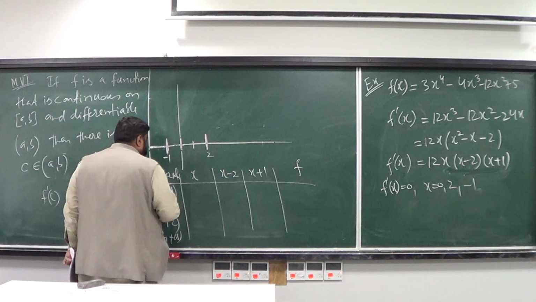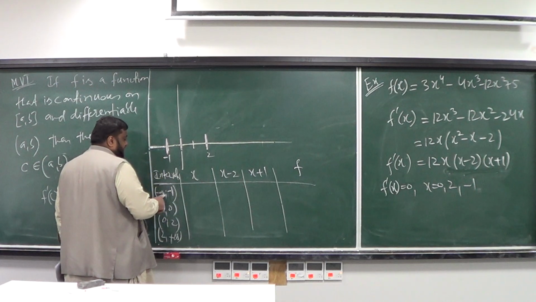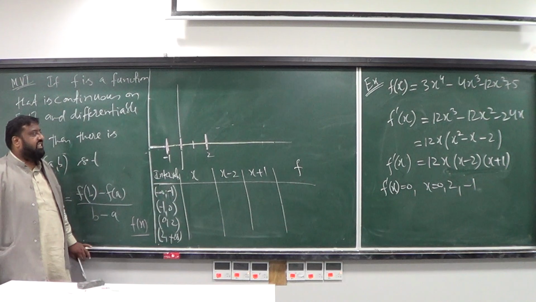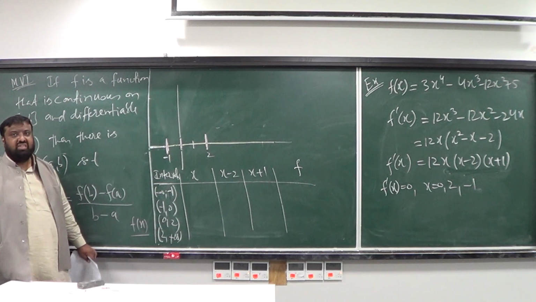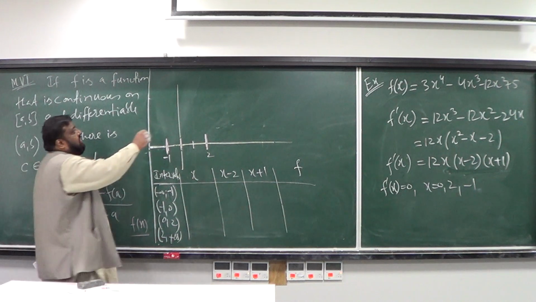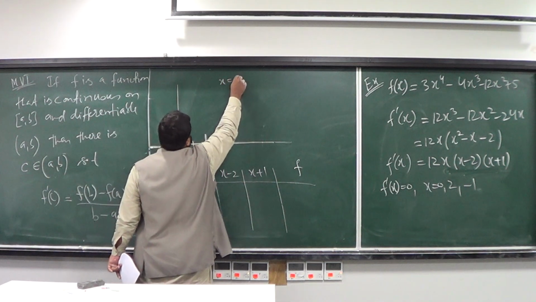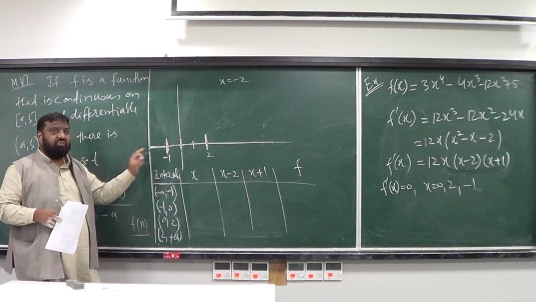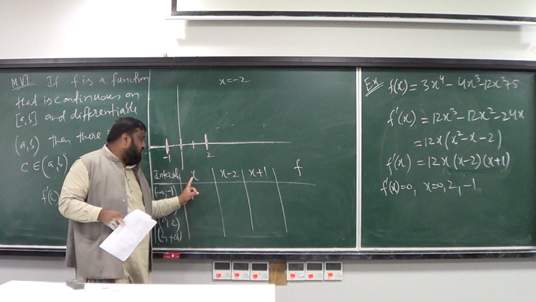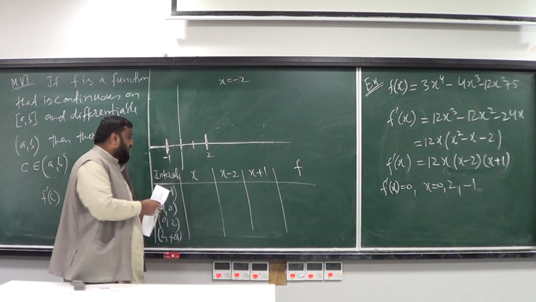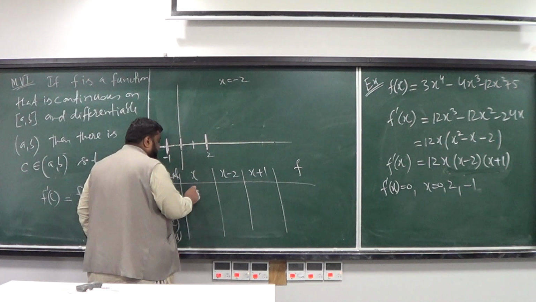Now here's the interesting thing that you can conclude from here. Now if your x is a number between negative infinity and minus 1, so take any number that is between negative infinity and minus 1. So imagine I'm taking, say, x equal to minus 2. I know that minus 2 is going to be here. And substitute minus 2 here actually. So if you substitute minus 2 here, this x is going to be negative.